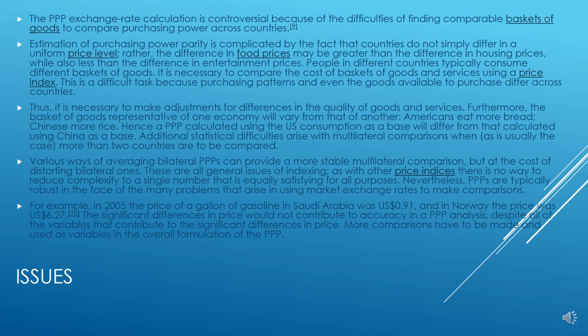Thus, it is necessary to make adjustments for differences in the quality of goods and services. Furthermore, the basket of goods representative of one economy will vary from that of the other. Americans eat more bread, Chinese eat more rice, hence a purchasing power parity calculated using the US consumption as a base will differ from the calculated one using China as base.